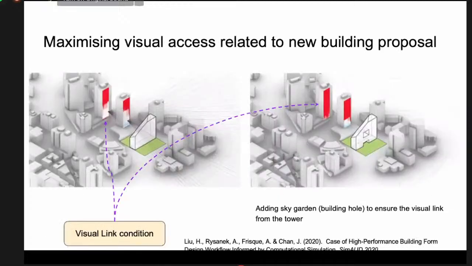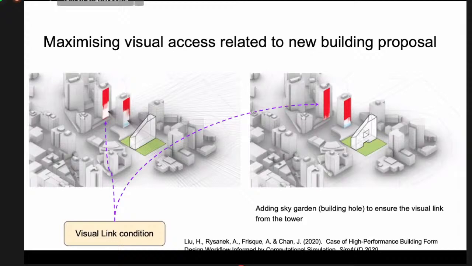We can also utilize some software to test the visual. So for example, you design a building and you want to maximize the visual access from the building, what can we do? We can try to manage the design to make that visual condition in the building achievable.